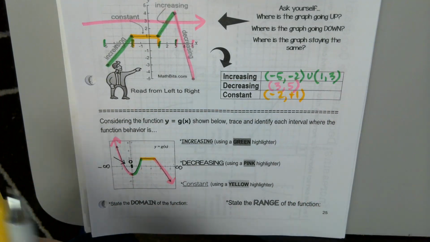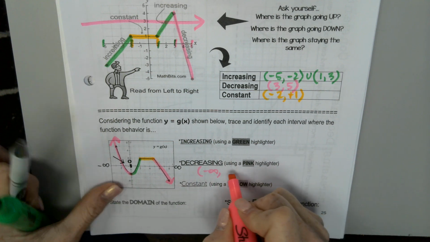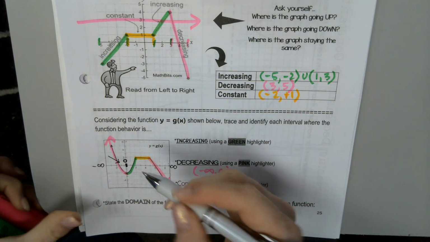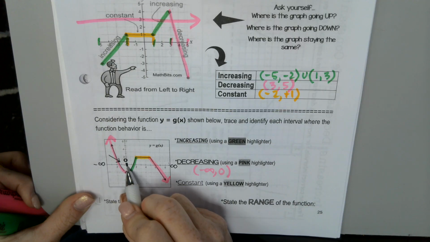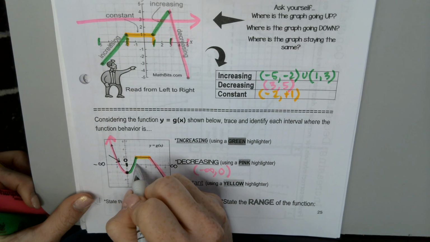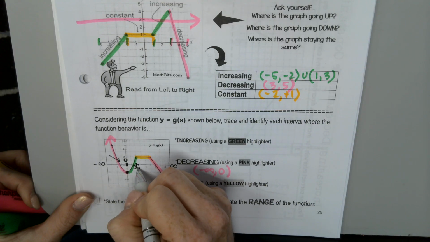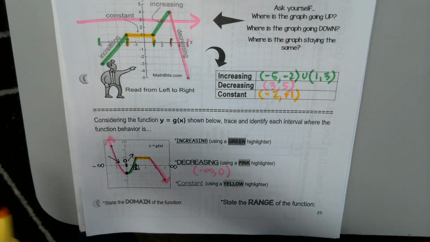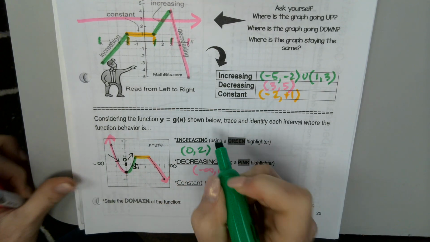So I'm going to say that it decreases from -infinity until I get to 0. Then from 0, because that's where my vertex is, from 0 until I get to this x value of 2, it's going up. So it's increasing from 0 to 2.